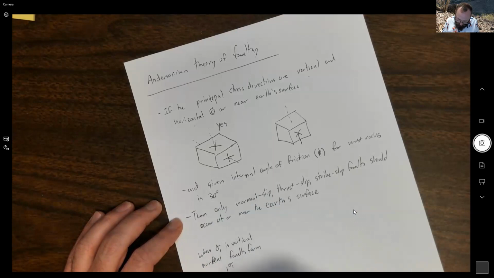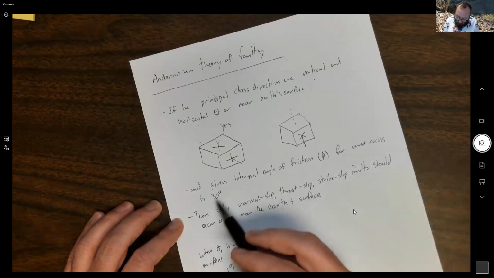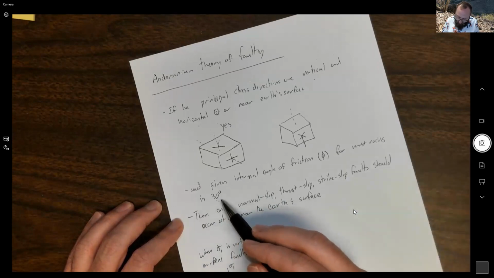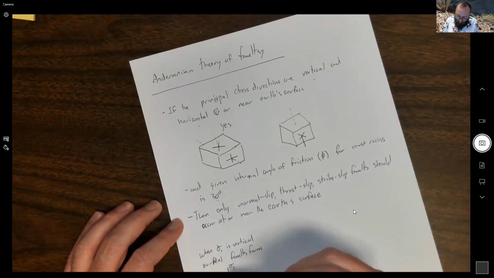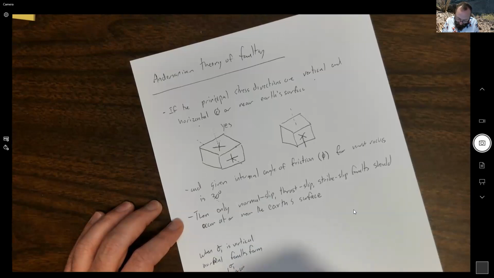Because of the internal angle of friction, the angle between sigma 1 and the fault, theta, is going to be 60 degrees, and this other angle will be 30 degrees.